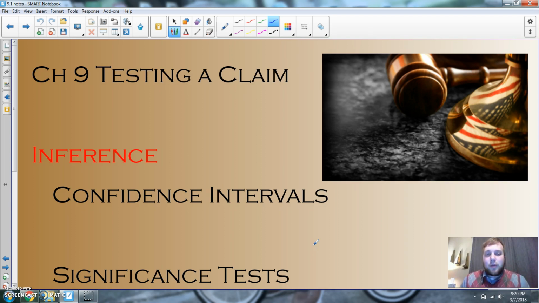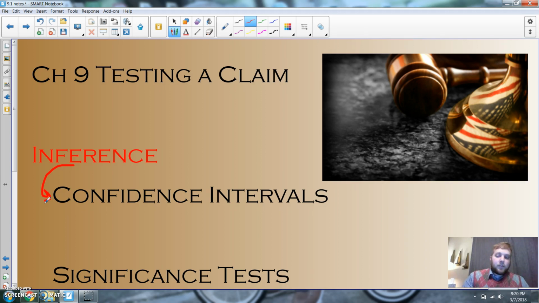So, last new concept. Last chapter we talked about confidence intervals, which is under this arching title of inference, right? Remember, inference is taking a sample of something, not necessarily accurate, but taking a sample as best as we can and applying it to the whole population. That's an inference.